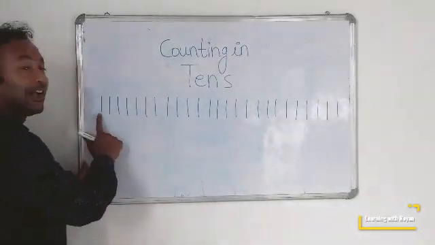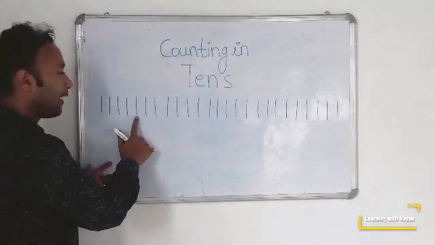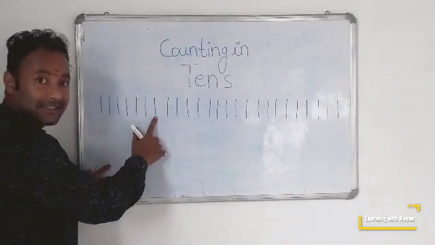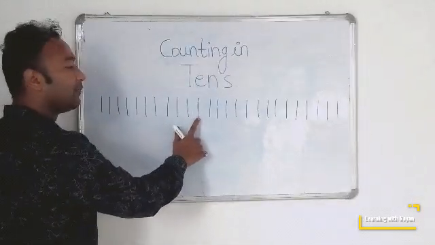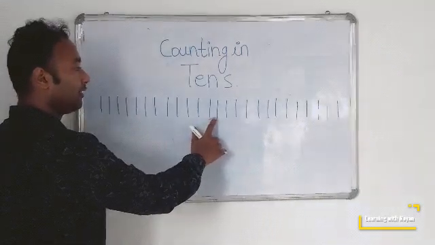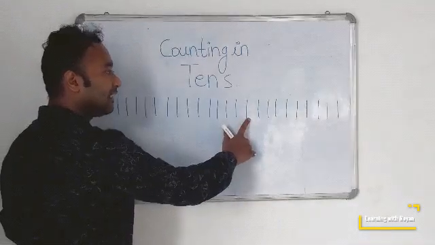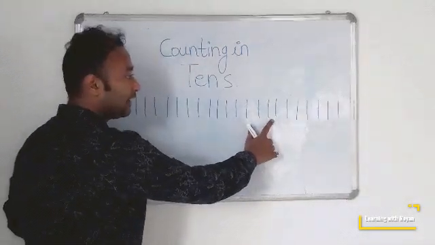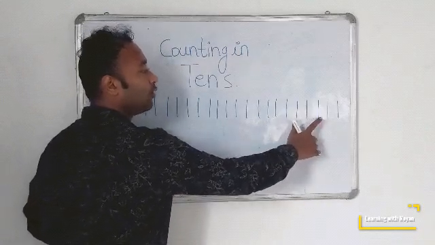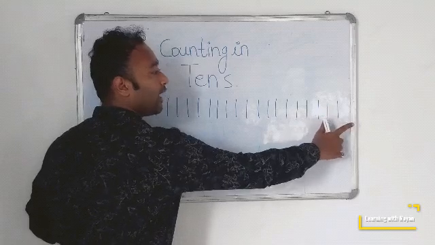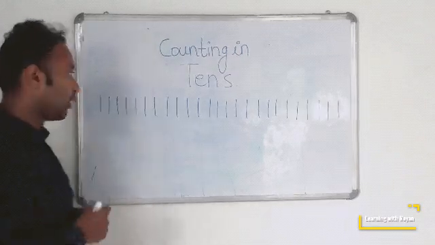Start counting: 1, 2, 3, 4, 5, 6, 7, 8, 9, 10, 11, 12, 13, 14, 15, 16, 17, 18, 19, 20, 21, 22, 23, 24 and 25. So we will make the first bundle. So how will we make it?